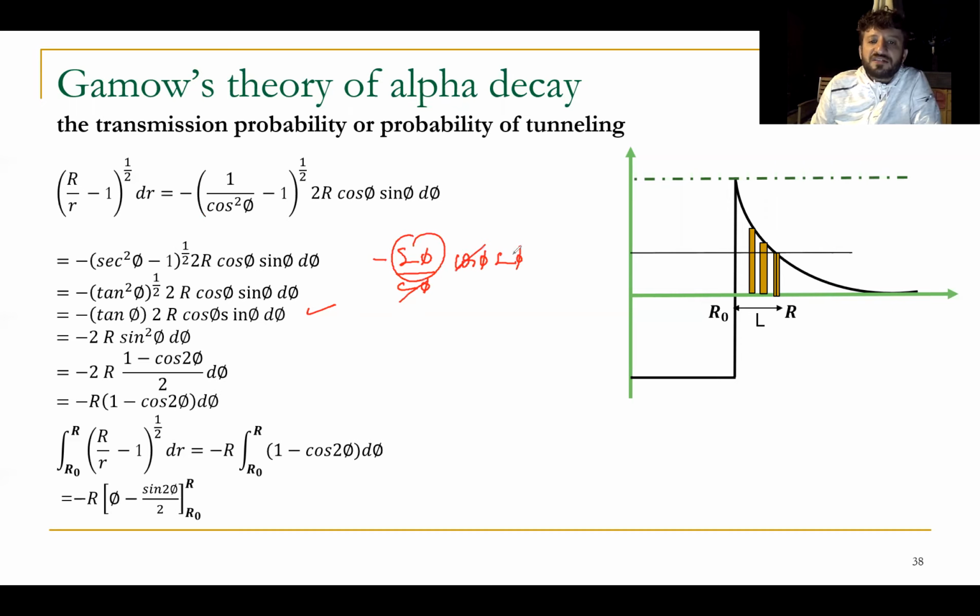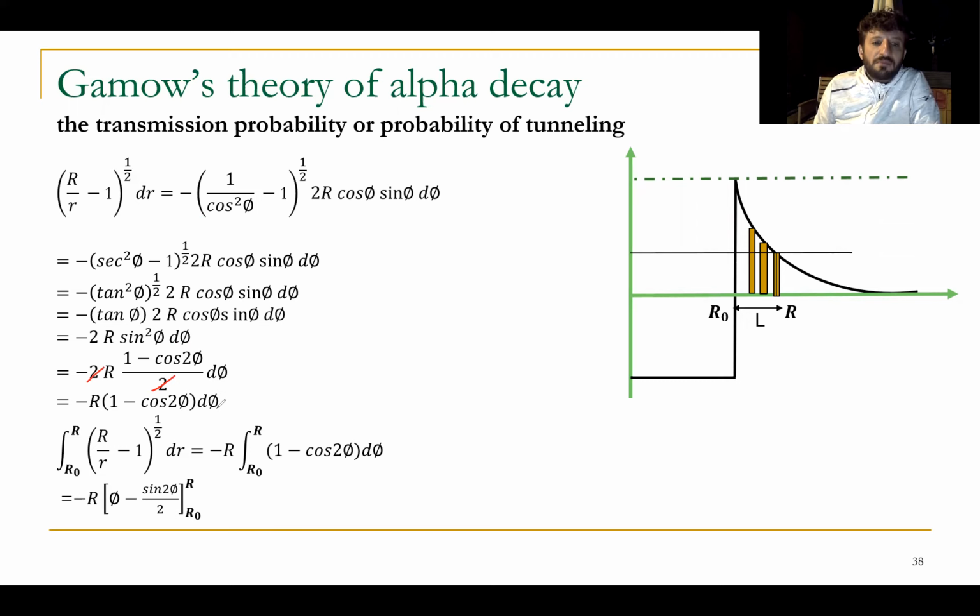We have finally sine phi square. Okay, so we have minus 2R sine phi square d phi. And sine phi square equals 1 minus cosine 2 phi divided by 2. Okay, and we can eliminate 2 and 2 to get minus R, 1 minus cosine 2 phi d phi.